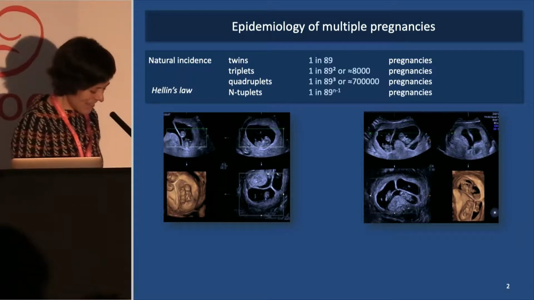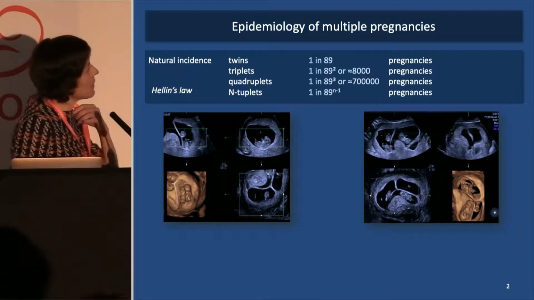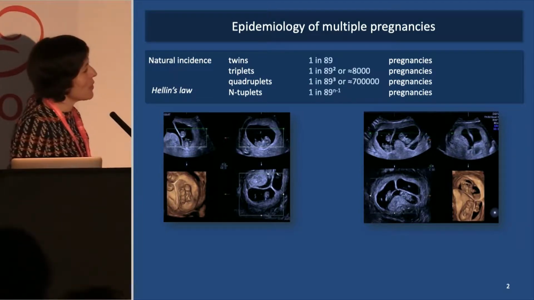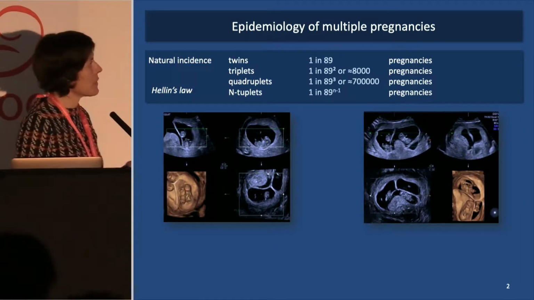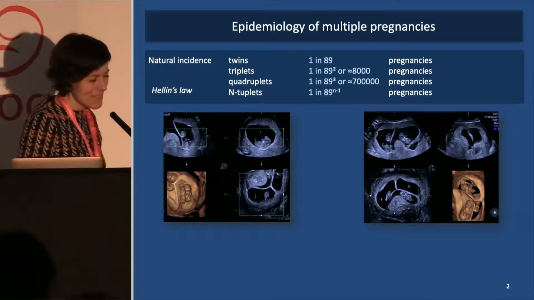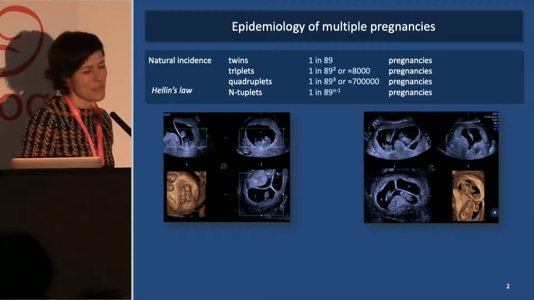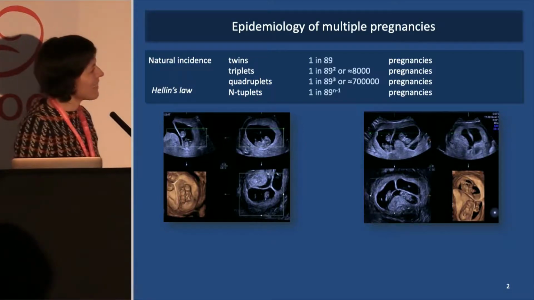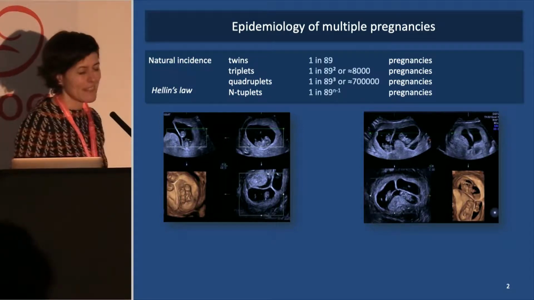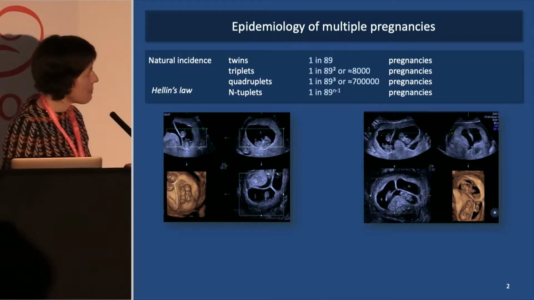So, just to remember Hellin's law. It's a law in biology that allows you to calculate the natural incidence of twins, triplets, and quadruplets. And it's quite handy if a journalist phones you to comment on a quintuplet that has been born, then you can calculate the expected natural incidence, because it's very simple.